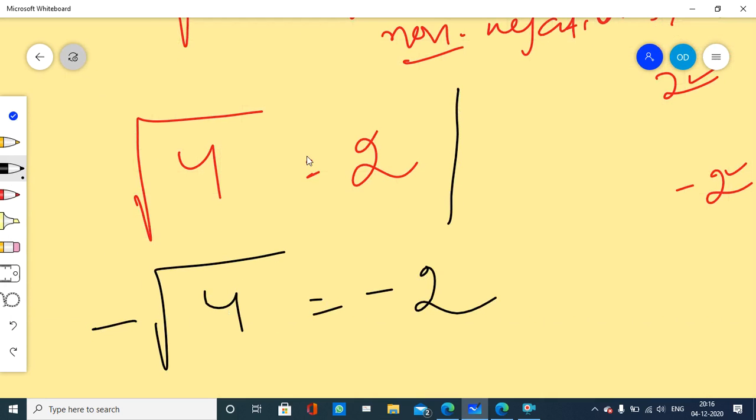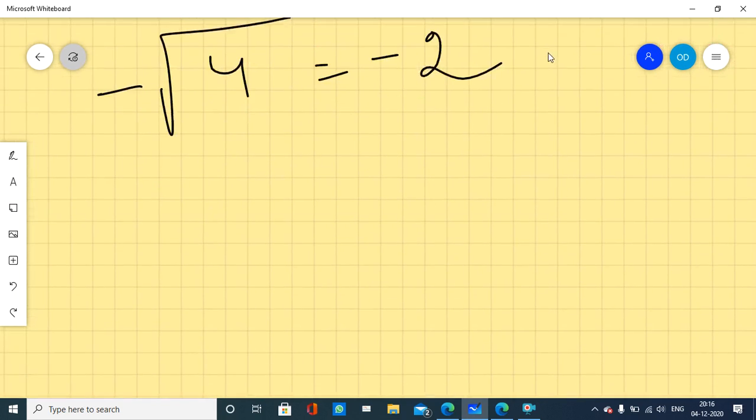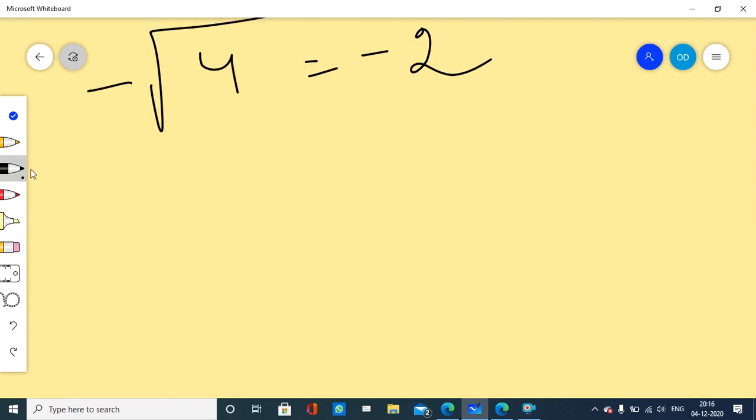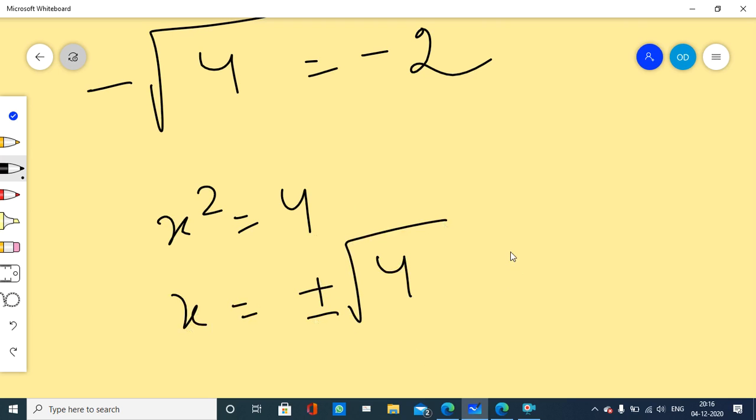That is why when somebody asks us to find the square roots of 4, how do we write it? Let x square is equal to 4. If square of x is 4, then we say that what? x is a square root of 4, right? Because square of x is 4, that means x is a square root of 4. So we write x is equal to plus or minus root over 4.